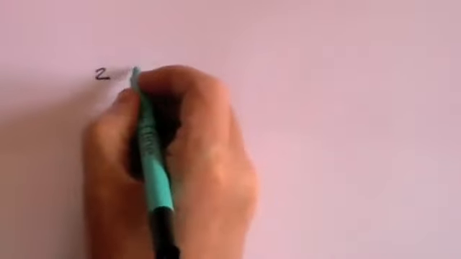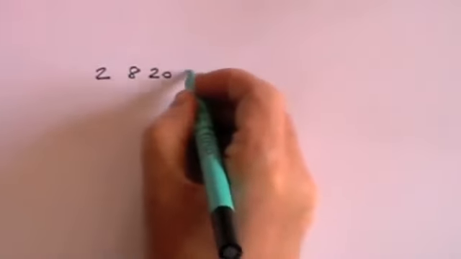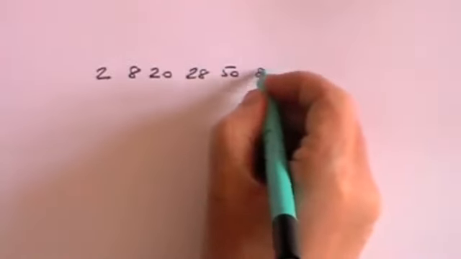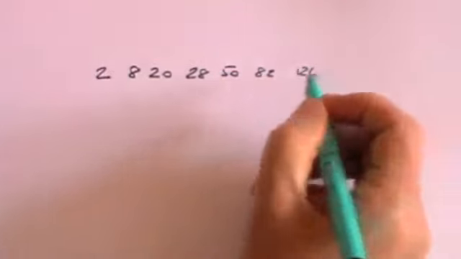Now the peaks occur when the number of neutrons or the number of protons in the nucleus are equal to the following numbers: 2, 8, 20, 28, 50, 82 and 126.